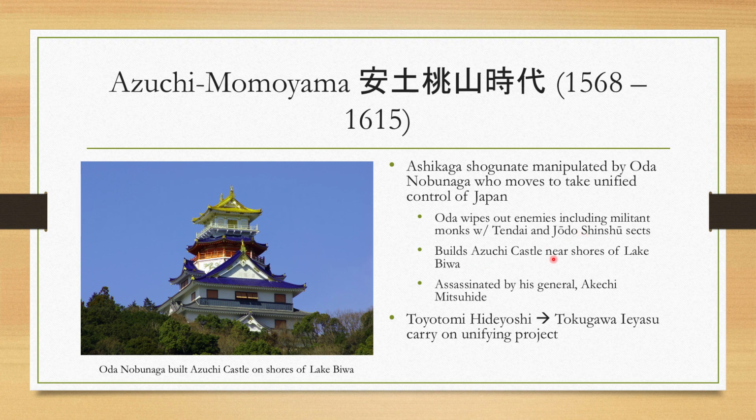So he builds Azuchi Castle near the shores of Lake Biwa, but eventually he's assassinated by his general Akechi Mitsuhide, and Toyotomi Hideyoshi, one of his foot soldiers, carries on his project of unifying Japan, and this is then completed by Tokugawa Ieyasu, who's the third great unifier.